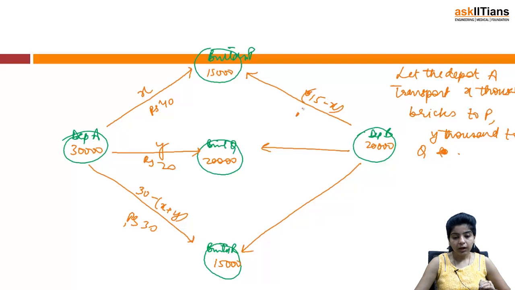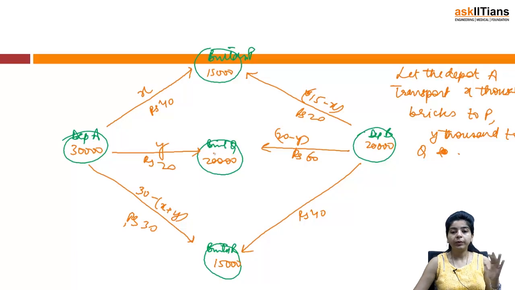First of all, we write down the costs: rupees 20, 60, 40. Here it will be 15 minus x, and here it will be 20 minus y.